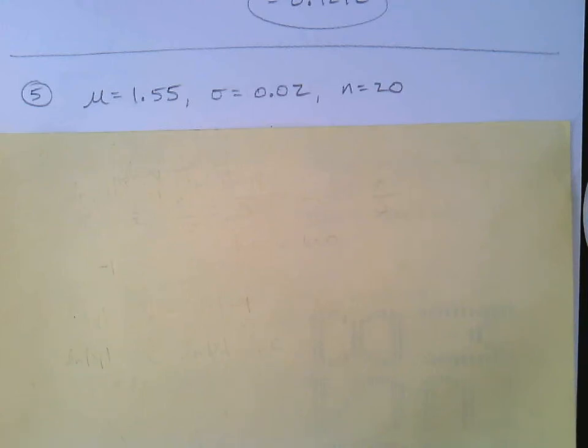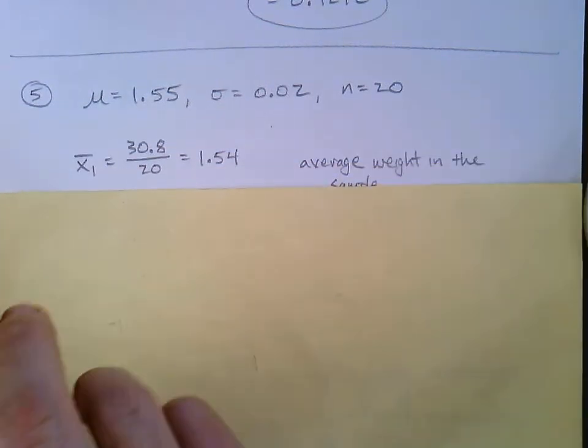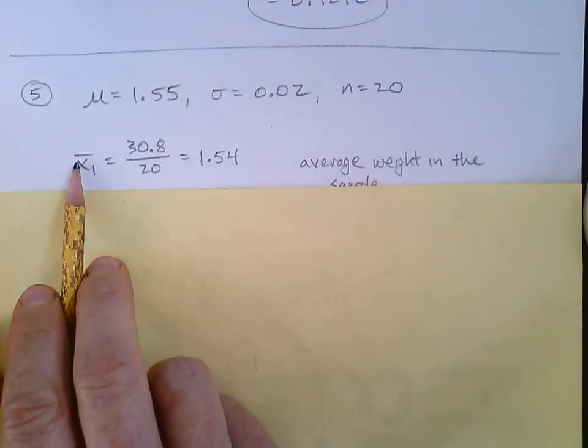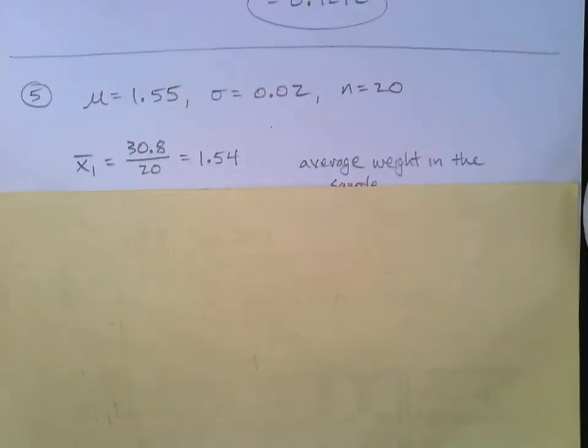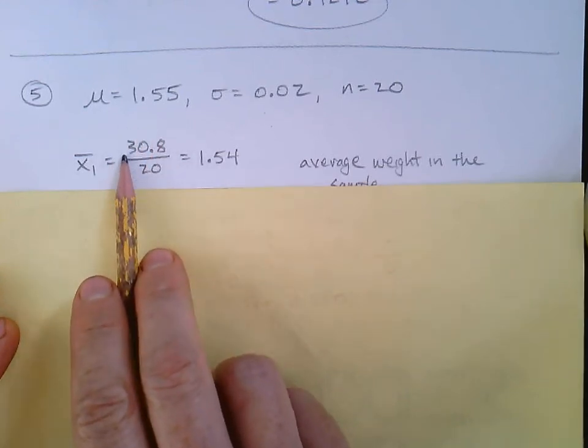So what is the average weight of a bar if the sample in total comes out to be 30.8 ounces? We're going to call that x bar 1, or x bar sub 1. So the total weight is 30.8.